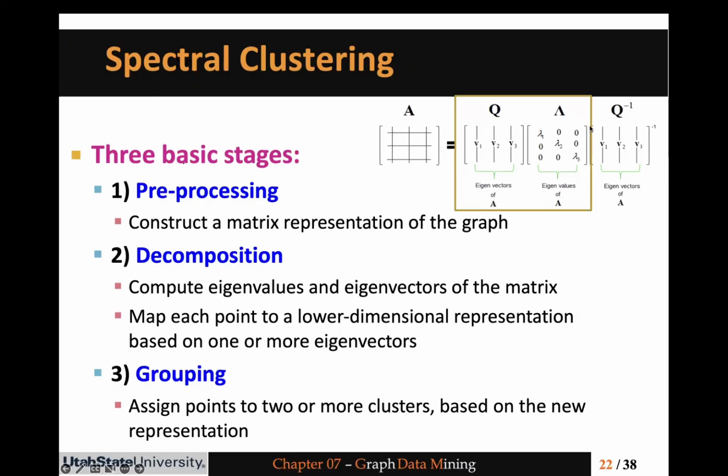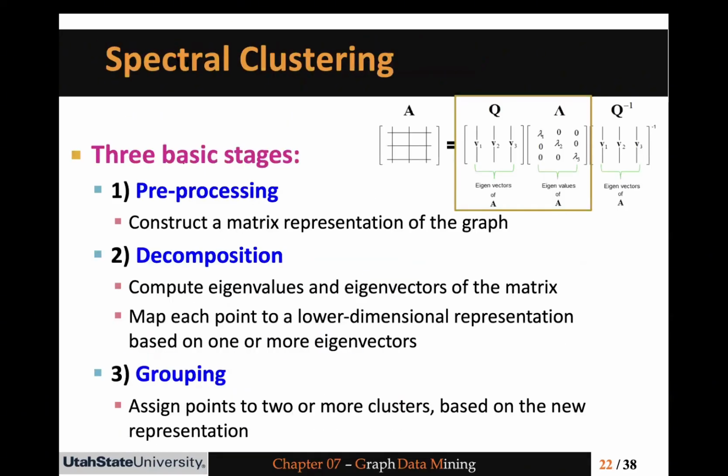You just need to have one single heuristic or one single condition on your eigenvalue and eigenvector matrix in order to make the clusters based on the nodes that exist in your graph.